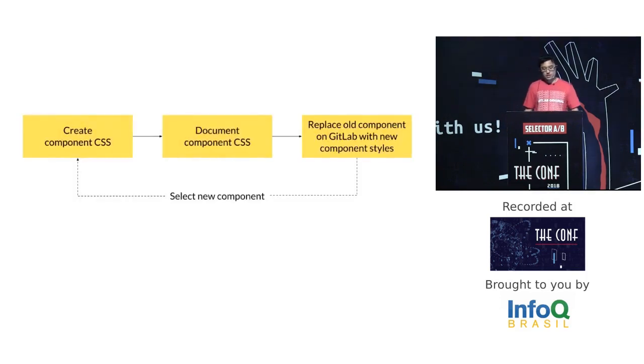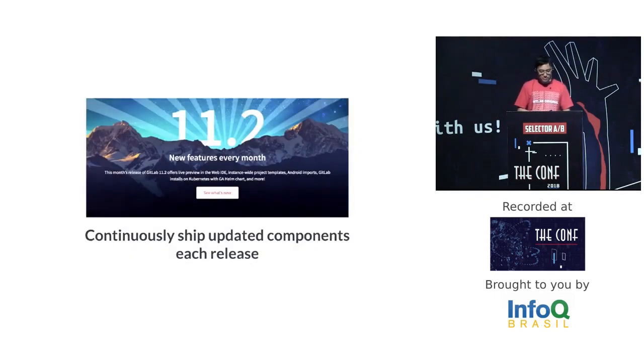The idea with our CSS and trying to get rid of CSS bloat would be to write new CSS for each component, document them, and then replace them on GitLab and iterate through this cycle. We're really big on iteration. What's interesting is that at GitLab, we're also really big on continuously shipping. Every month we release, and actually today is the 22nd, so we released a new version of GitLab today.